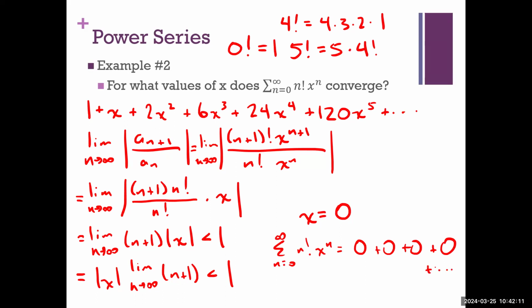If we allow x to be anything other than 0, this thing grows too fast, it'll overwhelm whatever tiny positive value of x you try to use. So for what values of x does this converge? This single one. So it converges under these conditions, but in a very non-interesting way. This is just a constant 0 series.